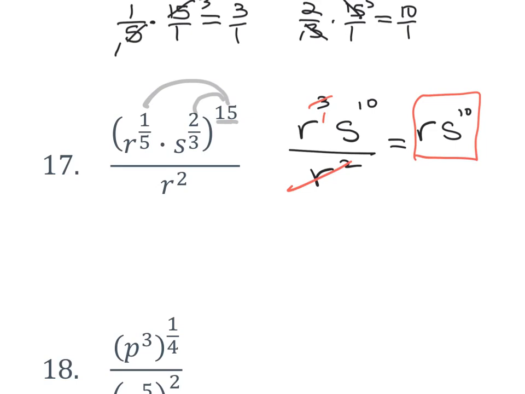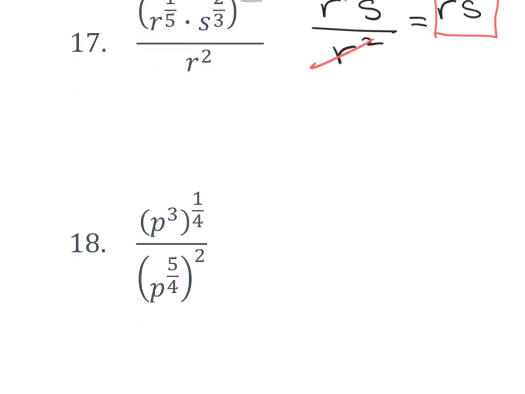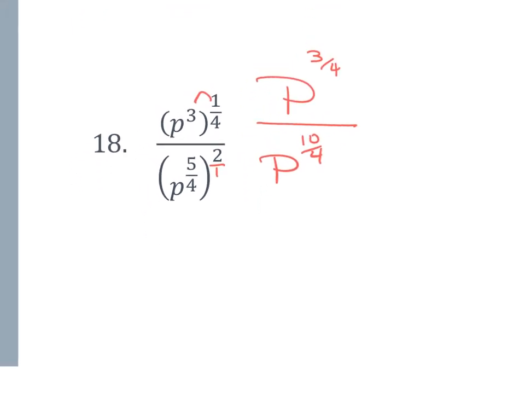The last one is also a power to a power. So again, I'm going to multiply 1/4 times 3. So this will become P to the 3/4 power. Multiply 2/1 times 5/4, and it becomes P to the 10/4 power. Again, when you divide, we subtract the powers.